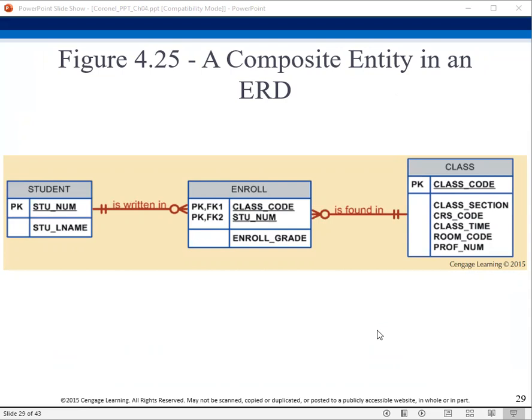Now, composite and multi-valued attributes are also things that we will model in an entity relationship diagram, but we can't put them into the relational database. So the way we handle composite entities in an entity relationship diagram is we create another table.